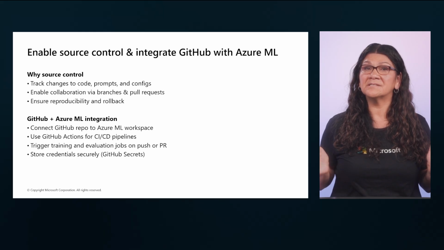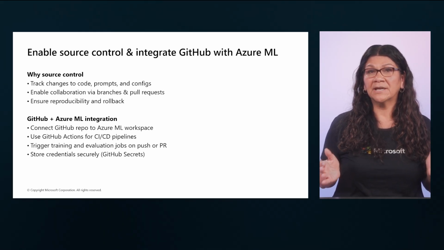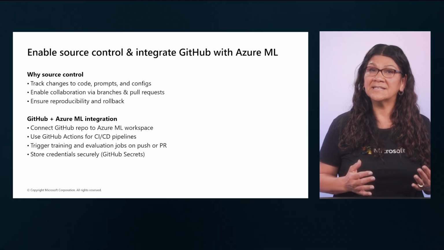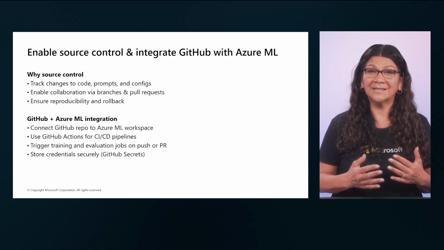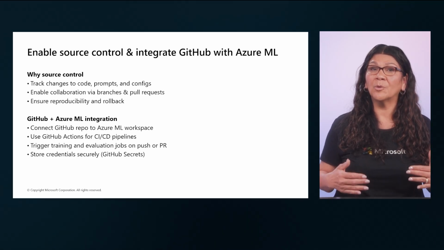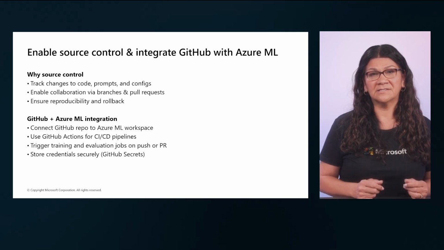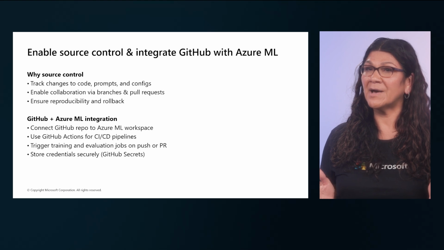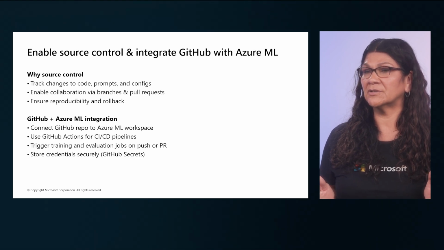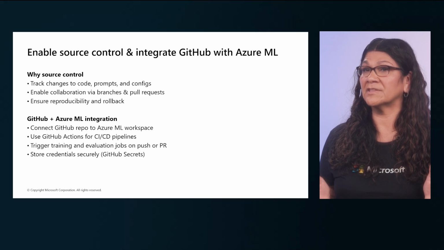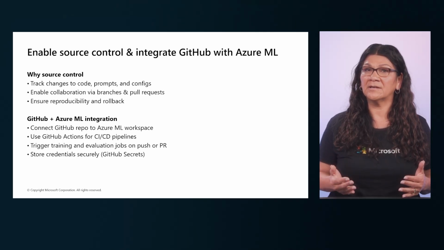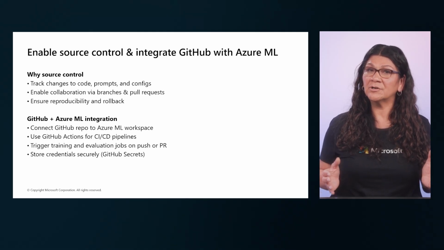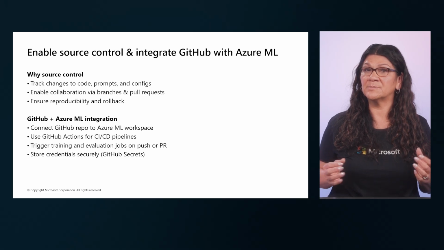Modern MLOps starts with source control by storing training code, prompts, and configuration files in GitHub. Teams can track every change, collaborate through pull requests, and roll back quickly if something breaks. When you integrate GitHub with Azure Machine Learning, those repository updates can automatically trigger CI/CD workflows with GitHub Actions, running training or evaluation jobs in your Azure ML workspace while sensitive credentials stay protected using GitHub secrets.